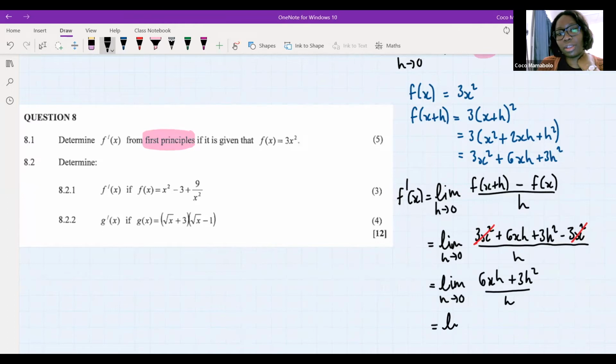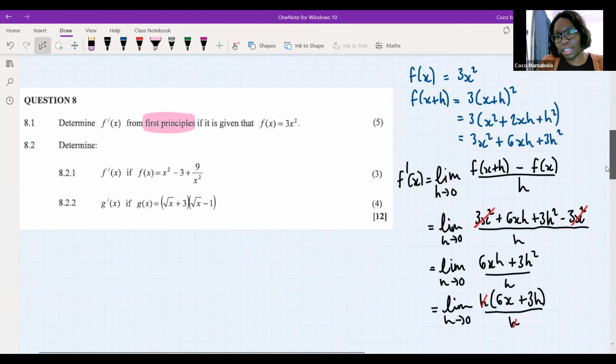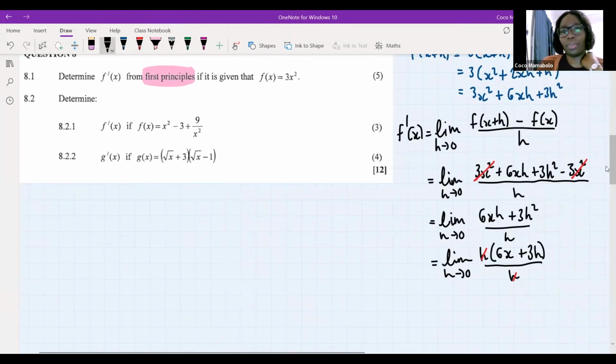And this will be the limit as h approaches 0. And I'm going to take h out as a common factor: 6x plus 3h all over h. And then the h's will cancel. And I'm running out of space again. Okay, there we go. And this will equal the limit as h approaches 0 of 6x plus 3h.